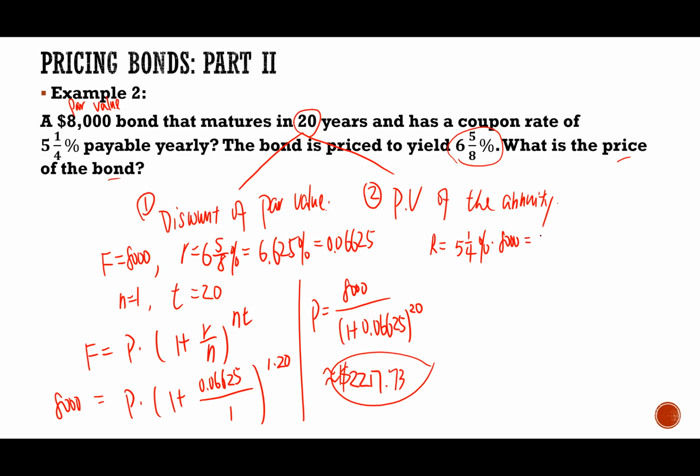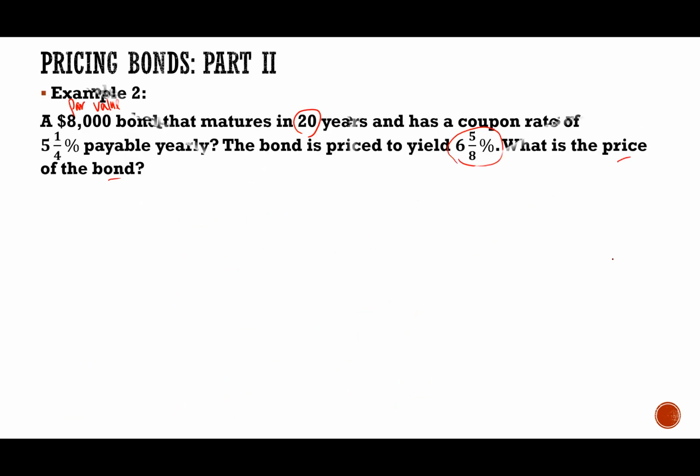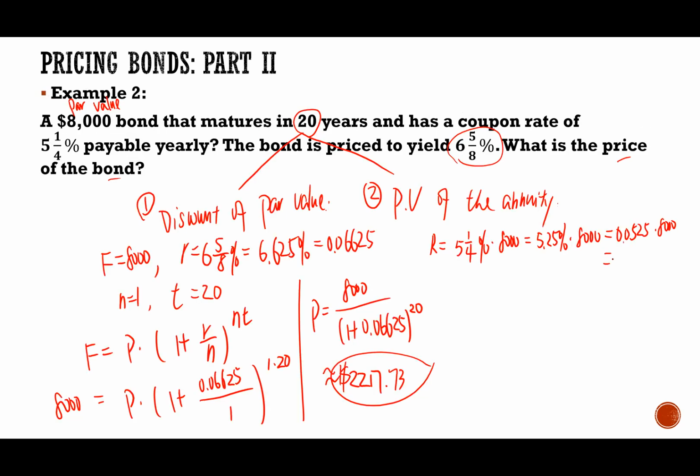That's 0.0525 times 8,000, and it should be $420. Let me double check. Yes, it turned out to be $420, which means the annual interest is $420.